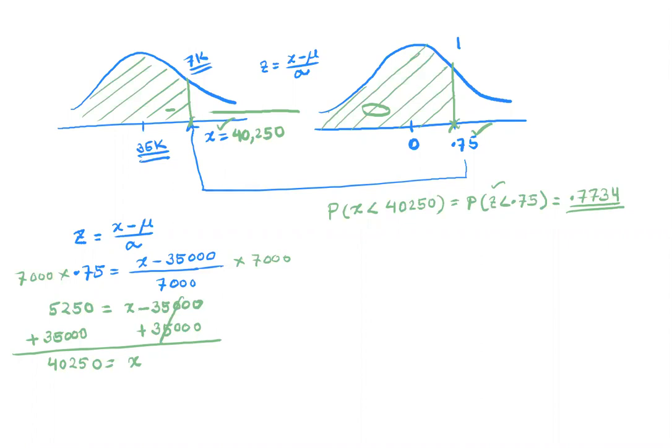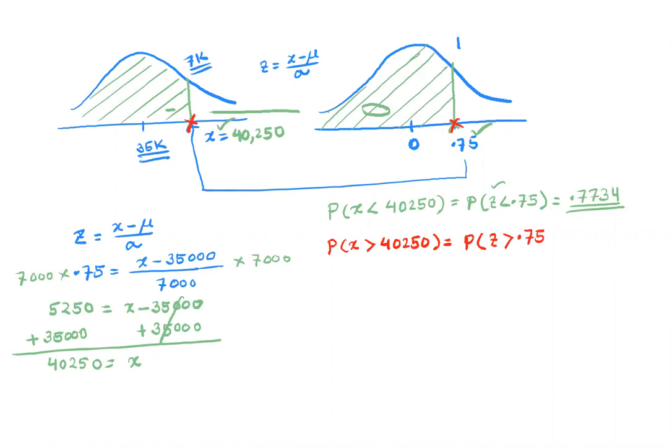Now, on the other hand, if I were to ask you, find the probability that a randomly selected person makes more than 40,250, that is going to be the probability of z being greater than 0.75, since this point again maps to this point.